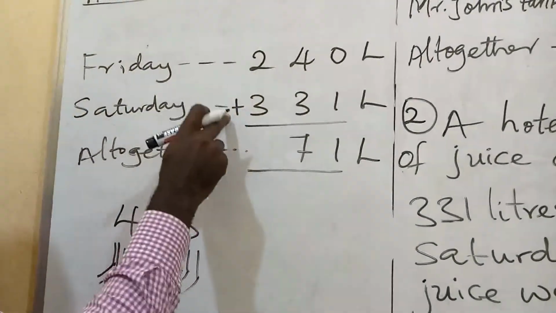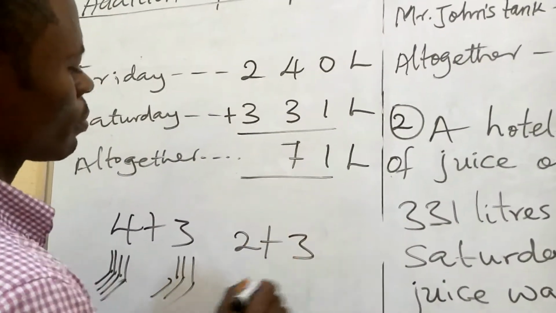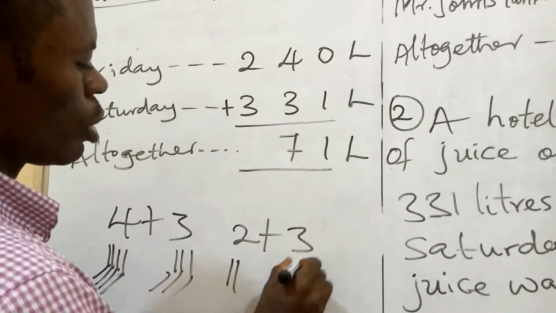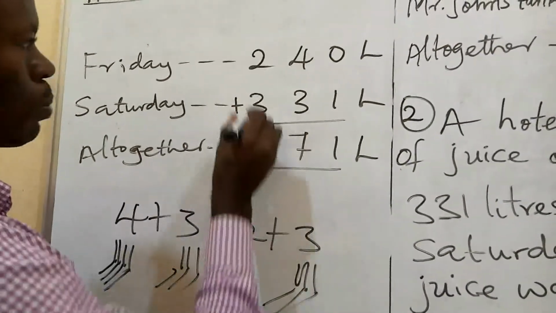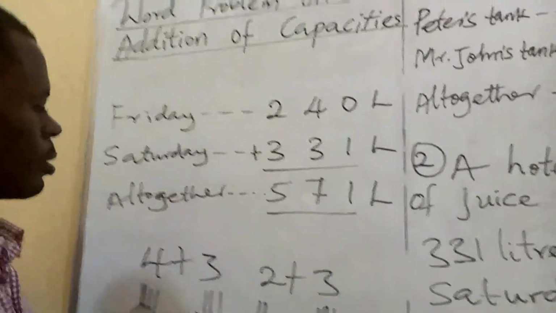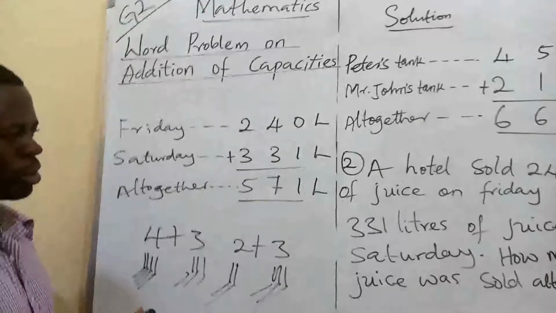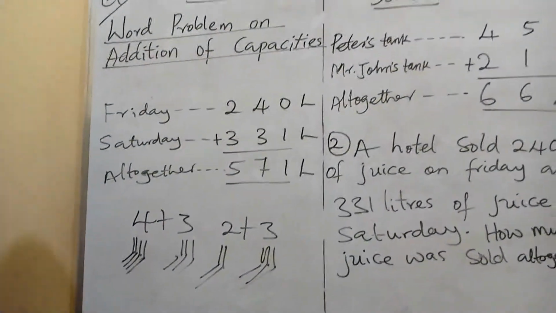Next we have 2 plus 3. 1, 2 and 1, 2, 3, 1, 2, 3, 4, 5. So 2 plus 3 is what? 5. So altogether, 571 liters of juice was sold for the 2 days.